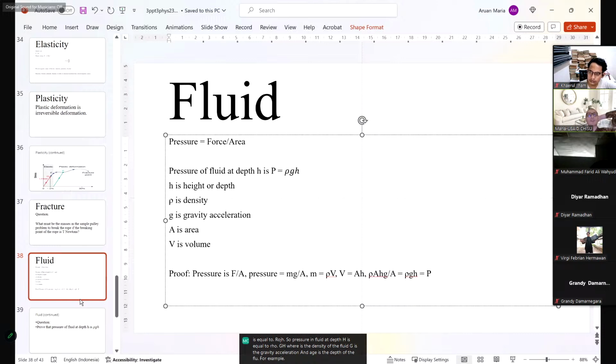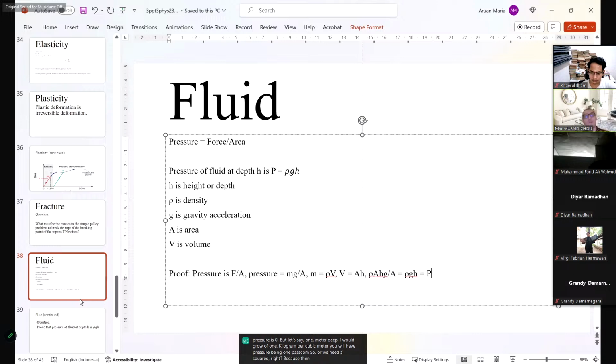For example, at the surface of the fluid, h is 0 and pressure is 0. But let's say 1 meter deep with rho of 1 kilogram per cubic meter, you will have pressure being 1 pascal. So 1 newton over meter squared, right?